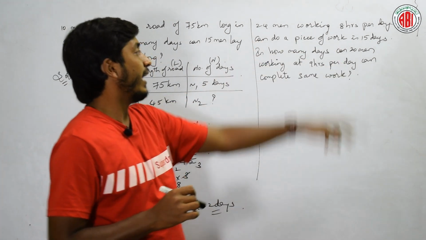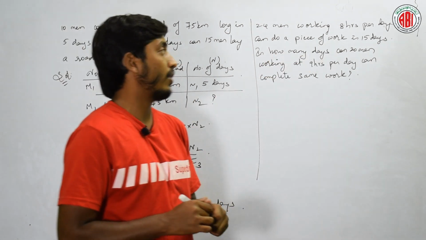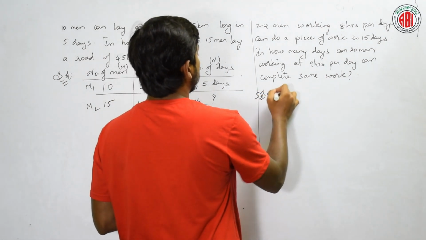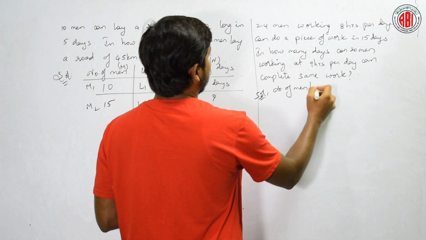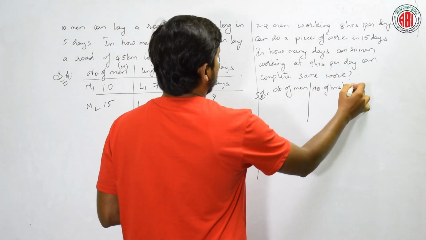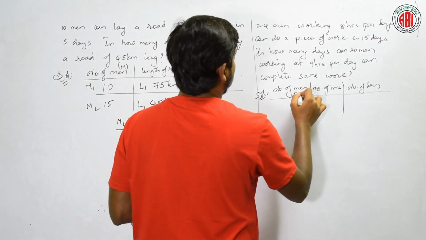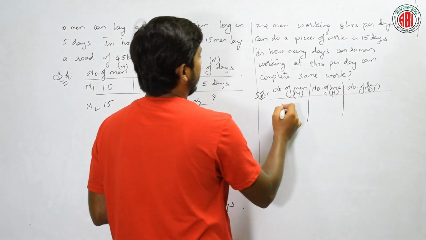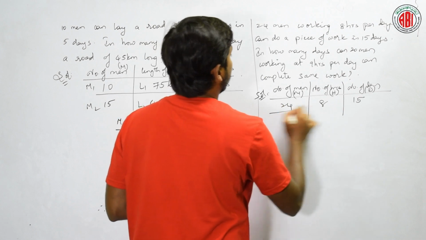24 men working 8 hours per day can do a piece of work in 15 days. How many parameters are here? That is the number of men, next the number of hours, and the number of days. Let us take it as M, H, and D. Tell me, 24 men, 8 hours, 15 days.